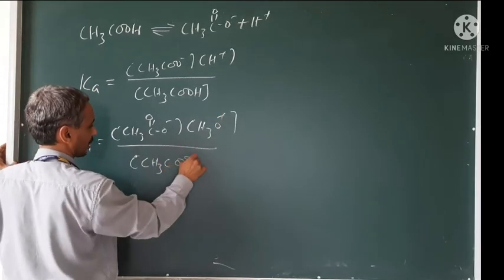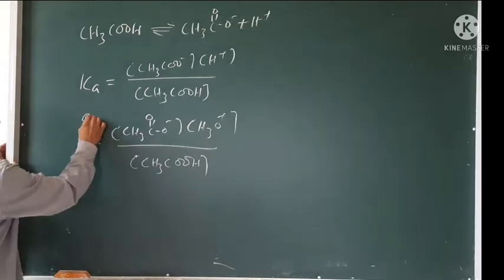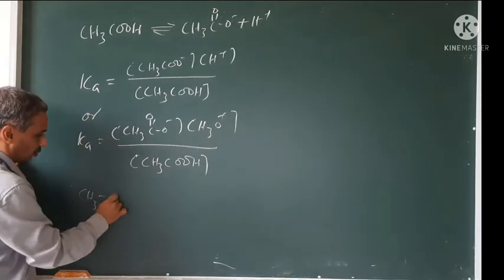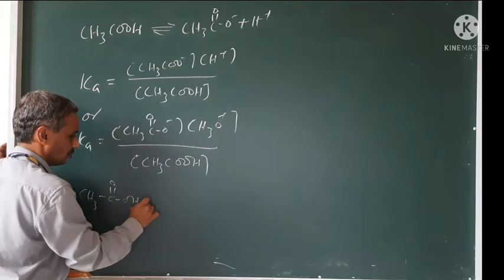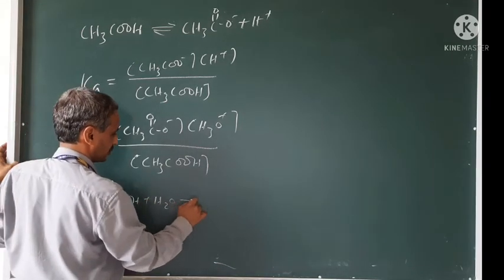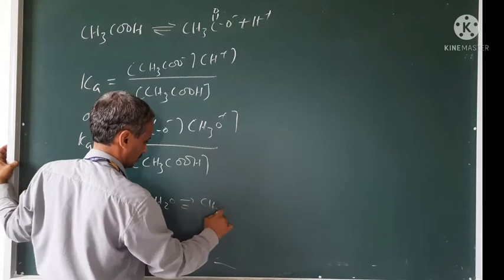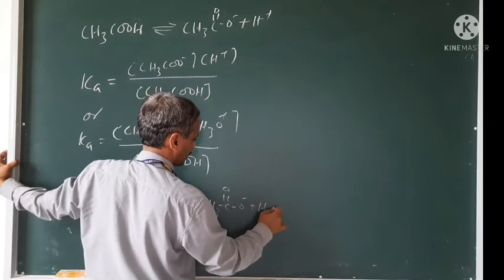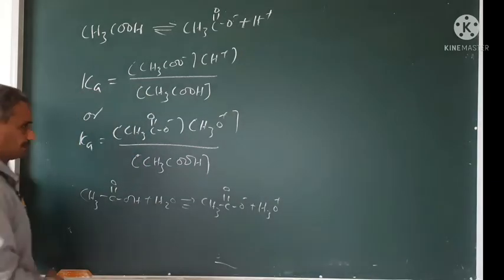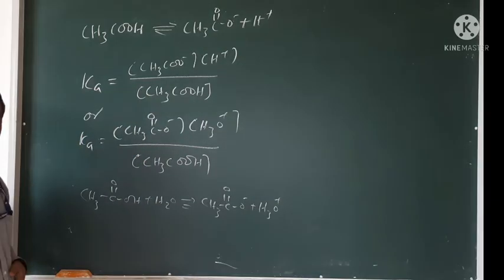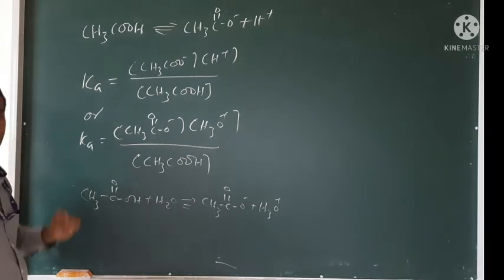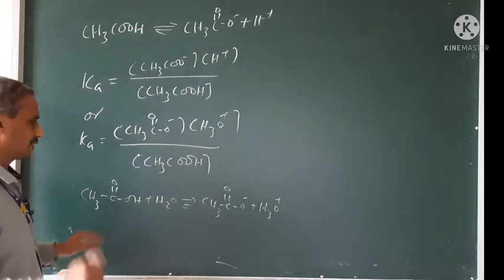Like this also I can write: CH3COOH plus water gives CH3COO minus ion and the H3O plus ion. So this is the dissociation constant for this weak acid, which is acetic acid.